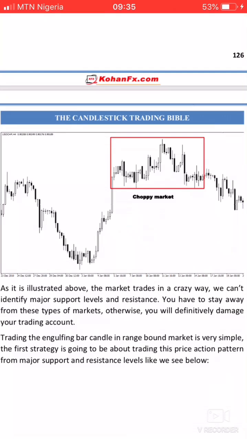Trading an engulfing bar candle in range-bound markets is very simple. The first strategy is going to be about trading this price action pattern from major support and resistance levels like we see below.